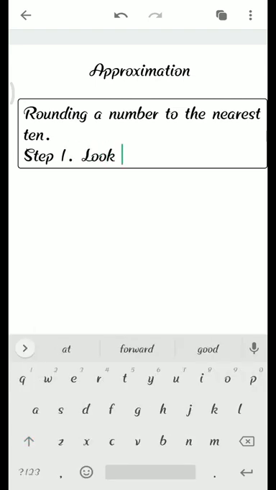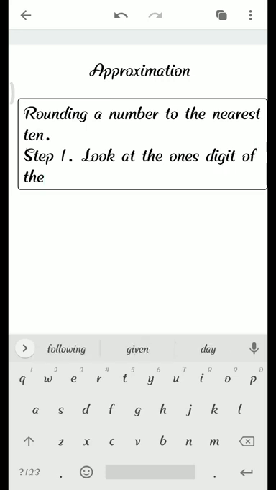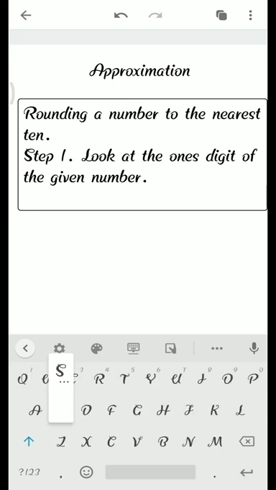Look at the ones digit of the given number. Step 2.